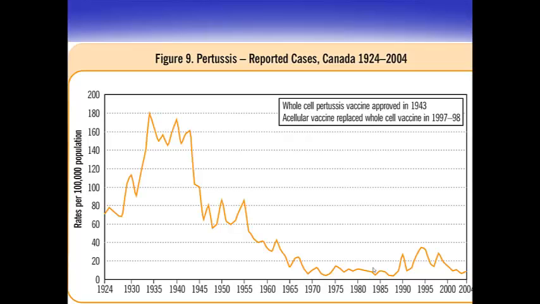So here's the data on pertussis cases from 1924 to 2004, decreasing with the vaccine program in the 40s. Then the acellular vaccine replaces the whole cell vaccine in the late 1990s.